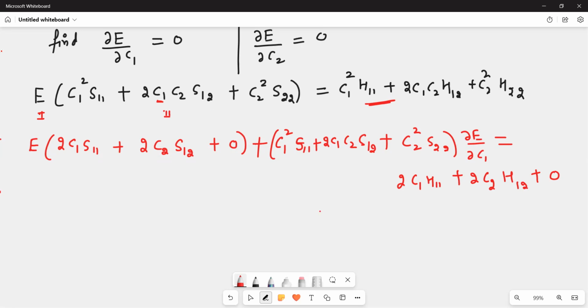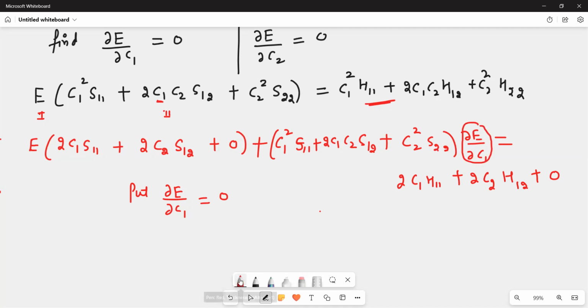Now we will solve it. As I said, after differentiation we put curl E by curl C1 equals 0. So put it equal to 0, then this whole term will be 0.